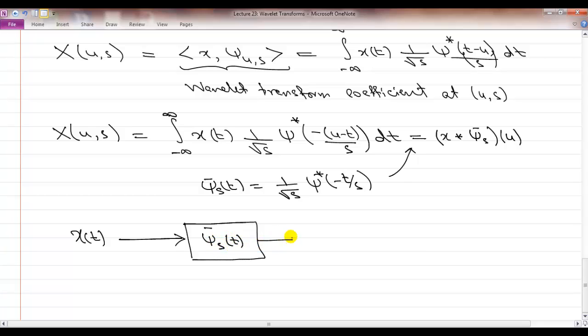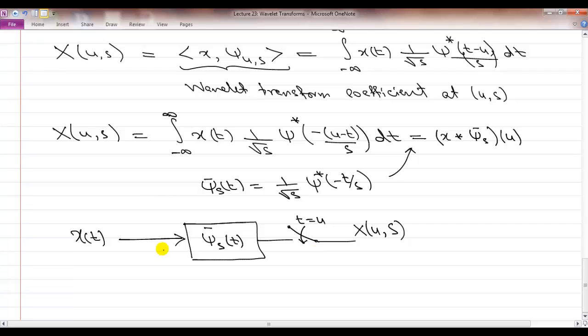Then at the output, I take the sample at t equal to u, and it will give me X(u,s). So a wavelet coefficient at time u and scale s is simply given by a filtering operation: you filter, and then you sample at t equal to u.